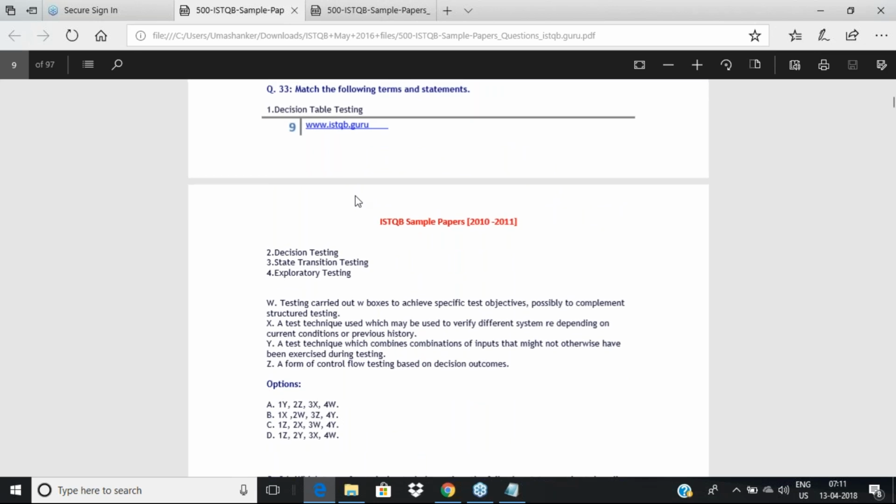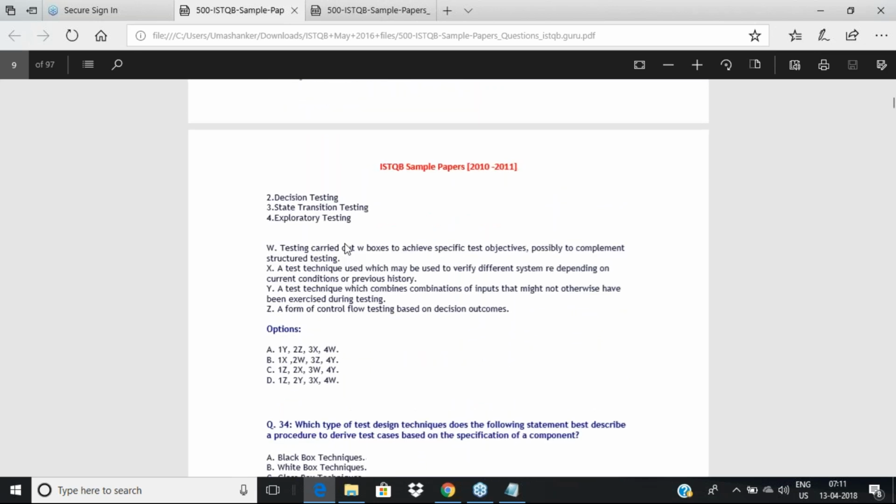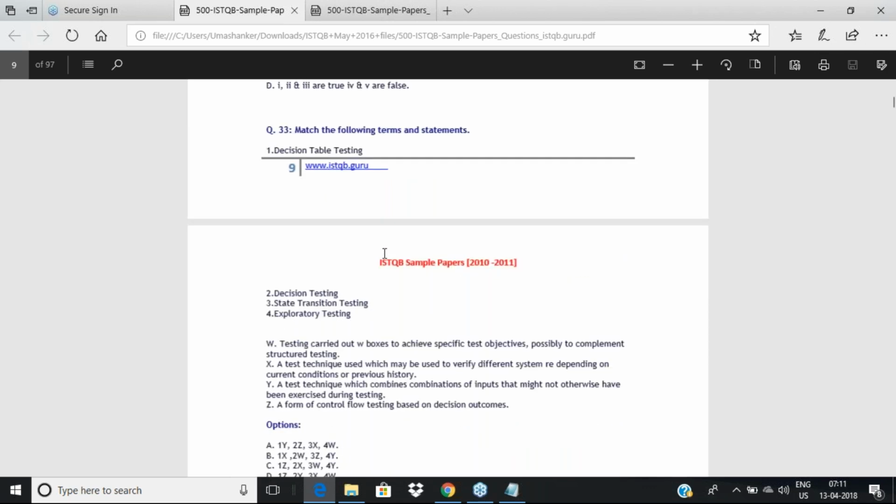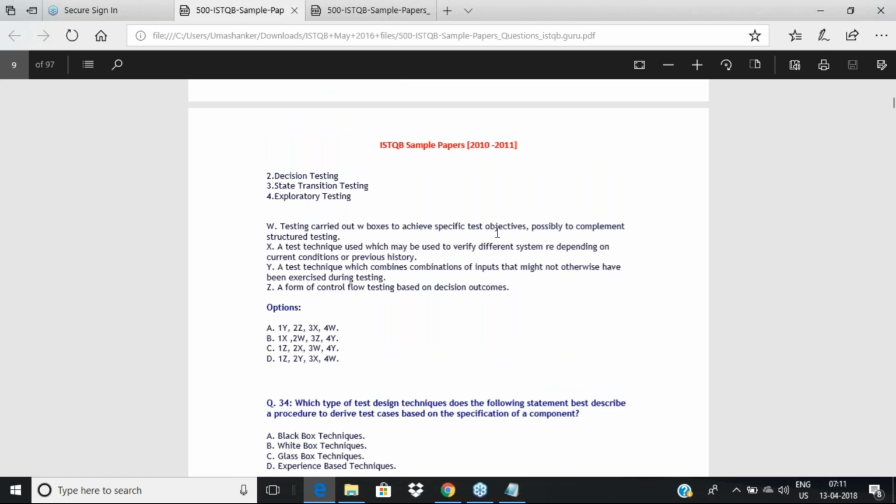Decision table testing, decision testing, state transition testing, exploratory testing. And the statement W says: testing carried out with boxes to achieve specific test objectives, possibly to complement structure testing.